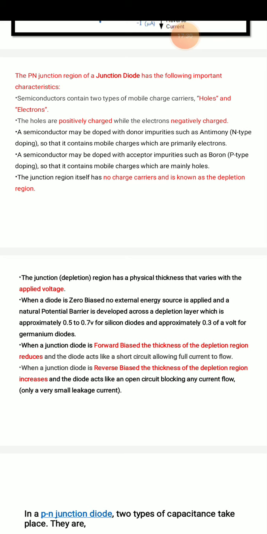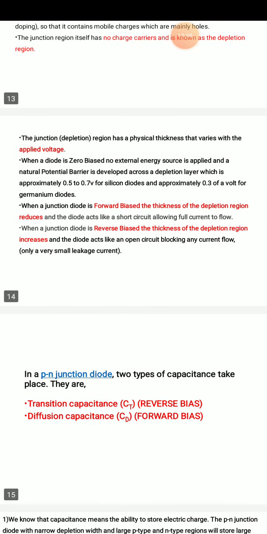The junction region itself has no charge carriers and is also known as the depletion region. When the diode is at zero bias, no external energy source is applied and a natural potential barrier is developed across the depletion region.